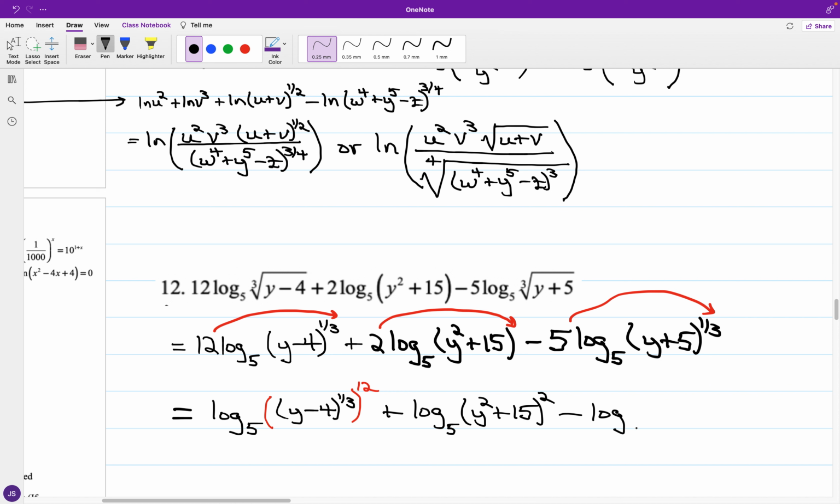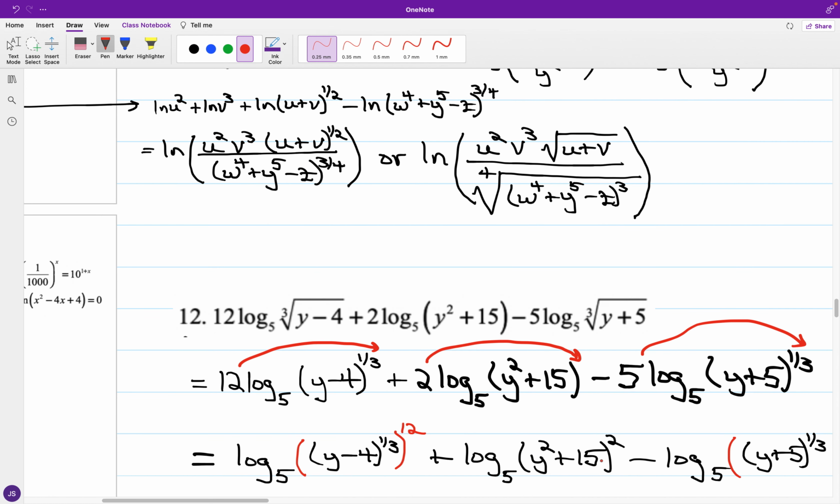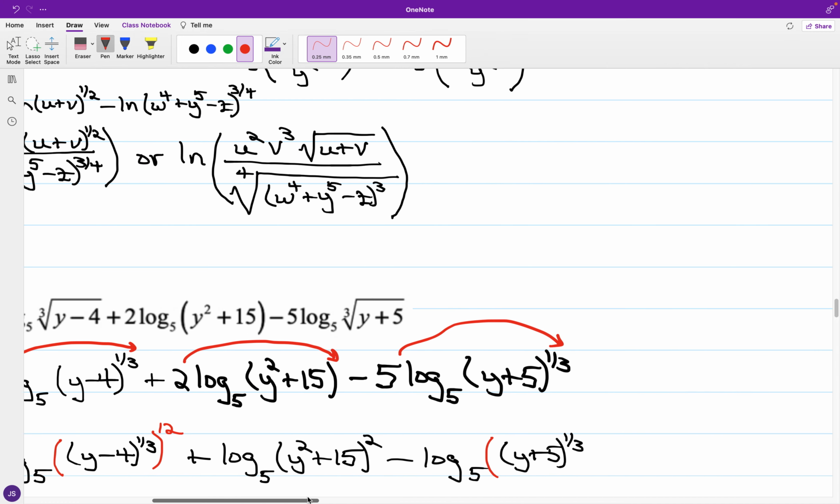And we have minus the base 5 logarithm, and we have the quantity of y plus 5 raised to the 1/3, and again you're going to have raised to the 5th power.